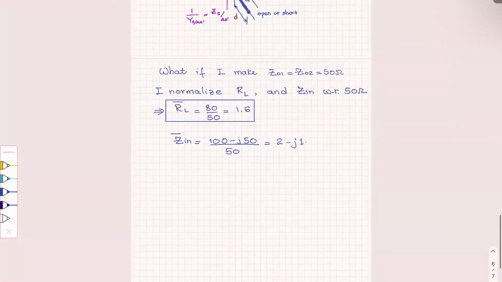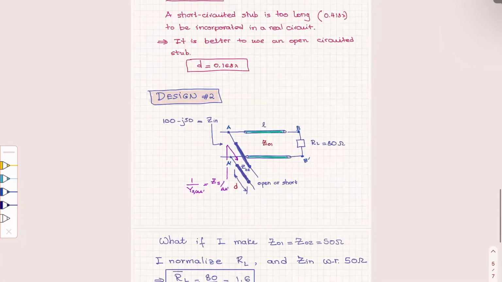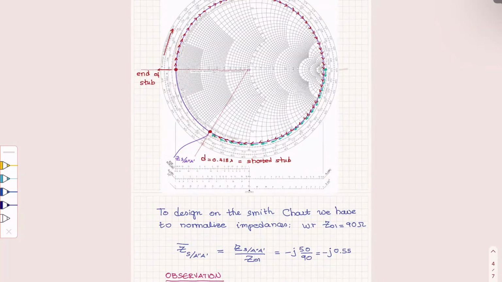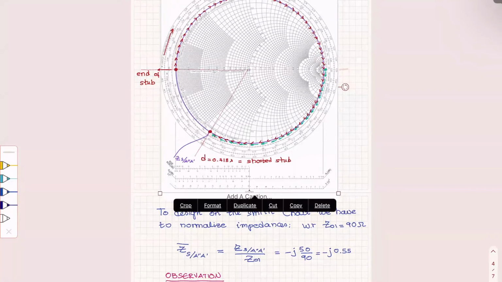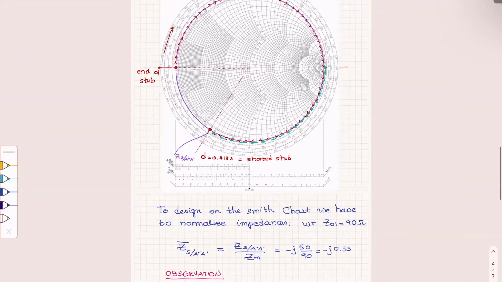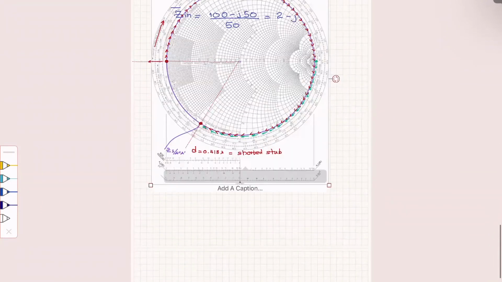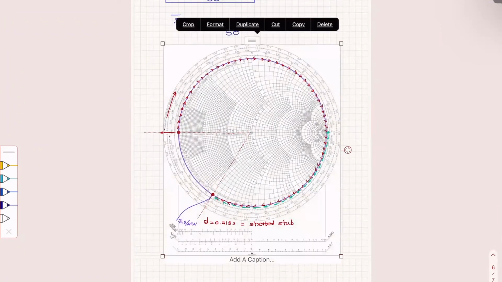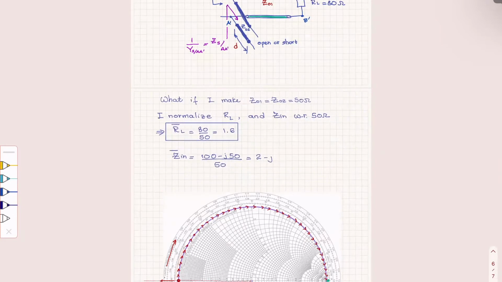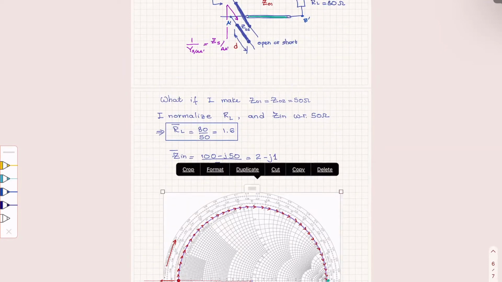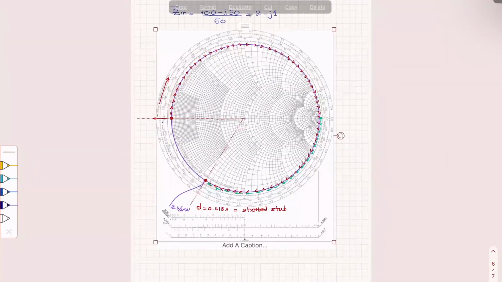Okay, now I'm going to the Smith chart. So I'm going to take this Smith chart and copy it. Let me make that a little smaller, move this a little further up, and clean it.